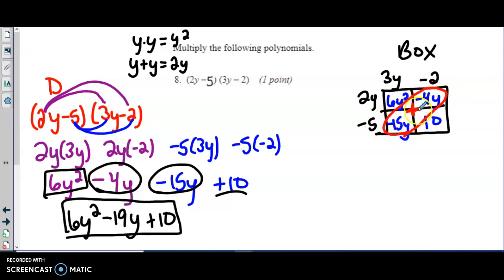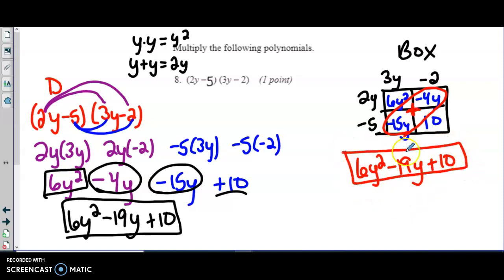This kind of makes a plus sign. So I write down this term first, so 6y squared, and then I combine or I add my like terms. So negative 15y plus negative 4y, that's negative 19y, and then I just bring down my last one. So that is the answer for box method.